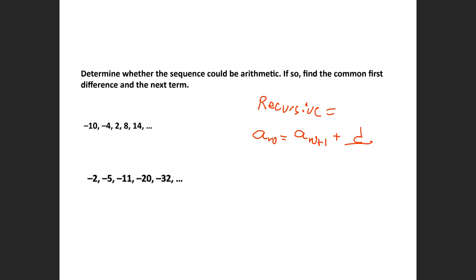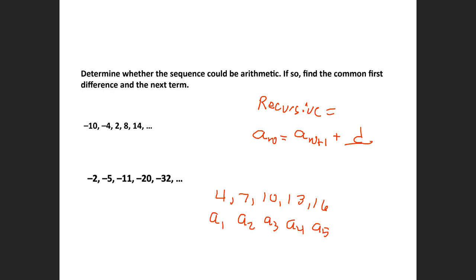Okay, and when you think about terms, let's just take a simple one. Let's go 4, 7, 10, 13, 16. So this is a sub 1, this is a sub 2, this is a sub 3, this is a sub 4, this is a sub 5. So how do you get to the next term?